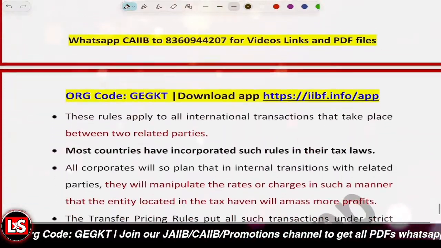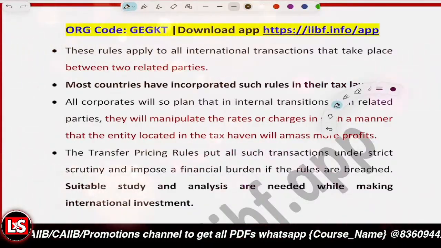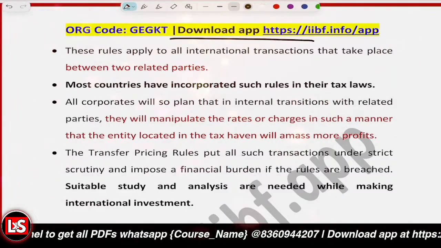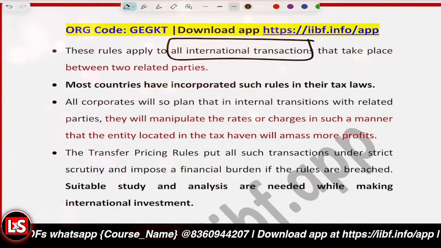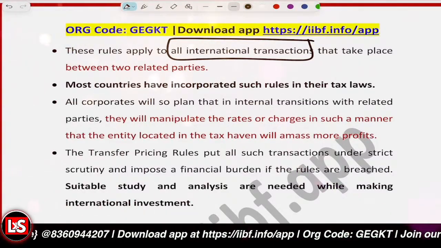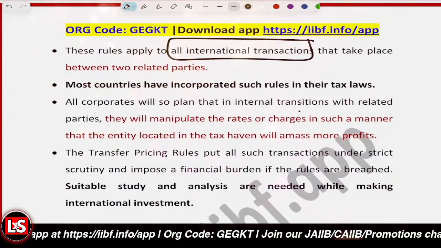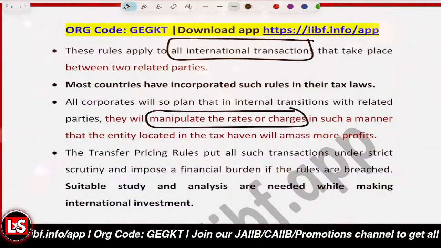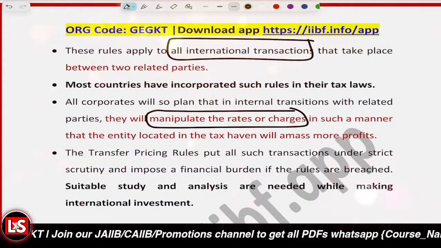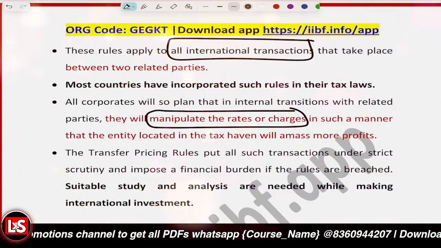So what are the basic purposes or objectives of these rules? First, these rules are applicable to all international transactions. The second is to avoid tax evasion, so that manipulation of rates cannot be done, and to ensure fair taxation, so that profits are taxed where they have actually been earned, right?